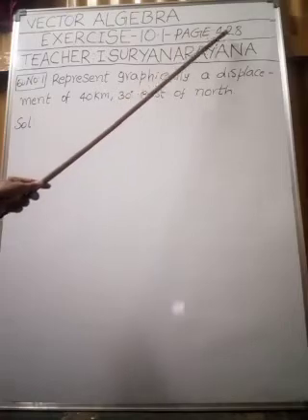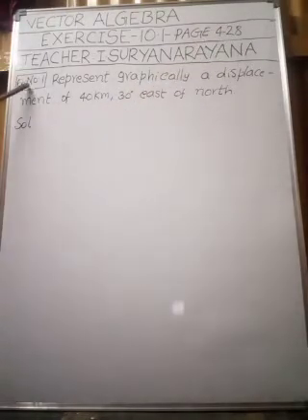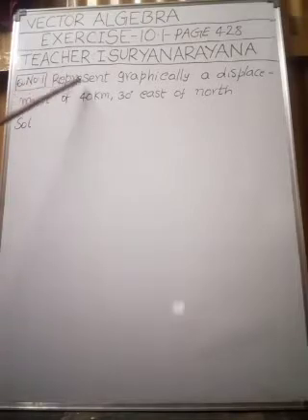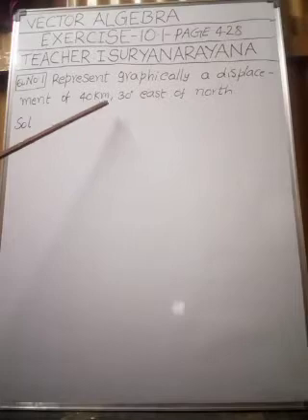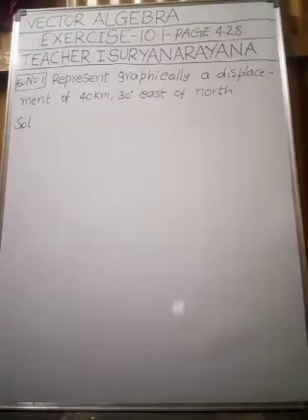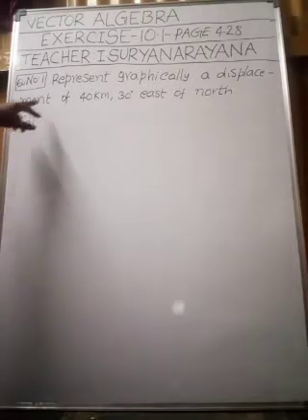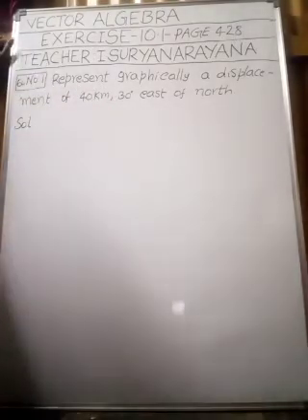Page number 428 in the textbook. Okay, my children? Come to the first question. Question number 1. Represent graphically a displacement of 40 kilometers 30 degrees east of north. Understood this question? We have to represent graphically a displacement of 40 kilometers 30 degrees east of north.